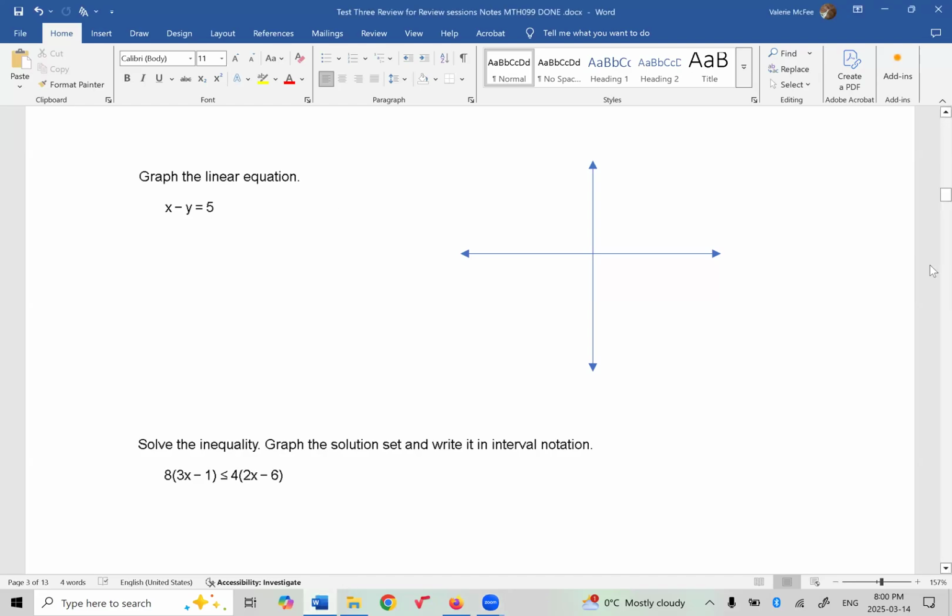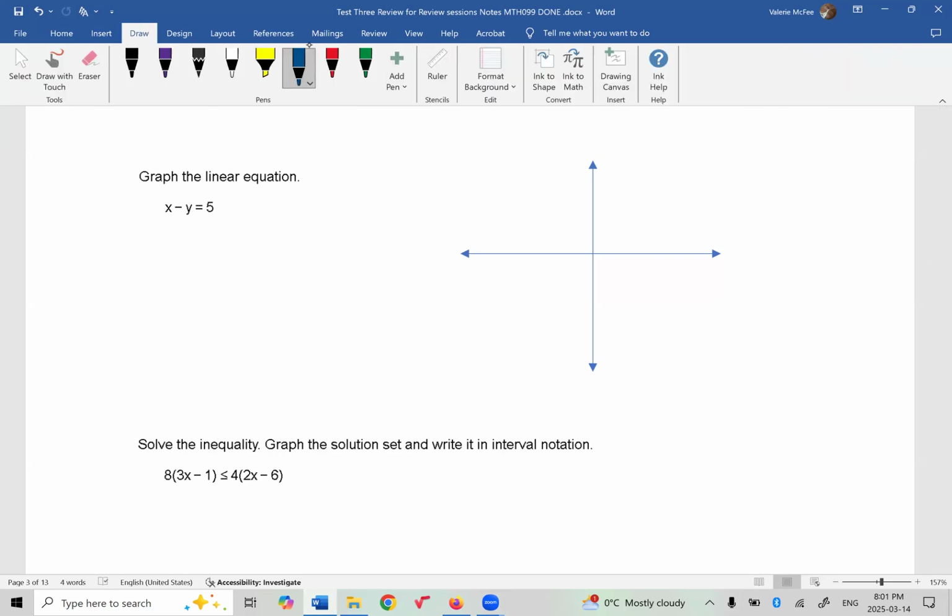All right, let's look at graphing this linear equation. I want you to be careful to read the instructions. If you're told to use intercepts, make sure you do so. That means we're going to let x equal 0 and y equal 0.